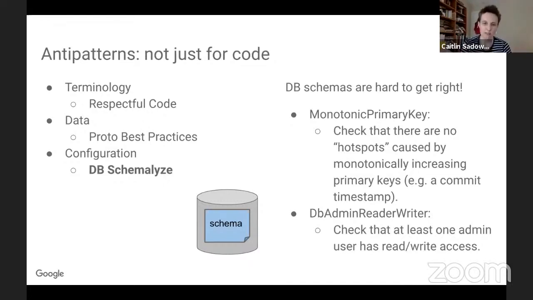If you have a monotonically increasing primary key, then the last worker will always end up getting all the right tasks, and you'll be bottlenecked there. So there's a check to make sure that you don't have a monotonically increasing primary key. A common example of something like this you might have by accident is using a commit timestamp as your primary key.